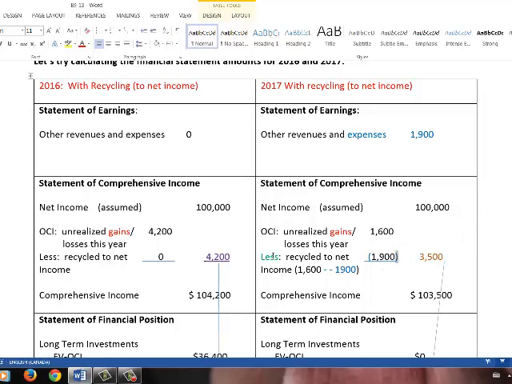These brackets aren't for the less, they're because it's a loss that I'm recycling. So 1,600 minus a negative, which is plus a positive, is going to give me OCI for 2017 of 3,500, and I'm going to use that to update my AOCI balance. But in the meantime, what I have is comprehensive income of 1,035.